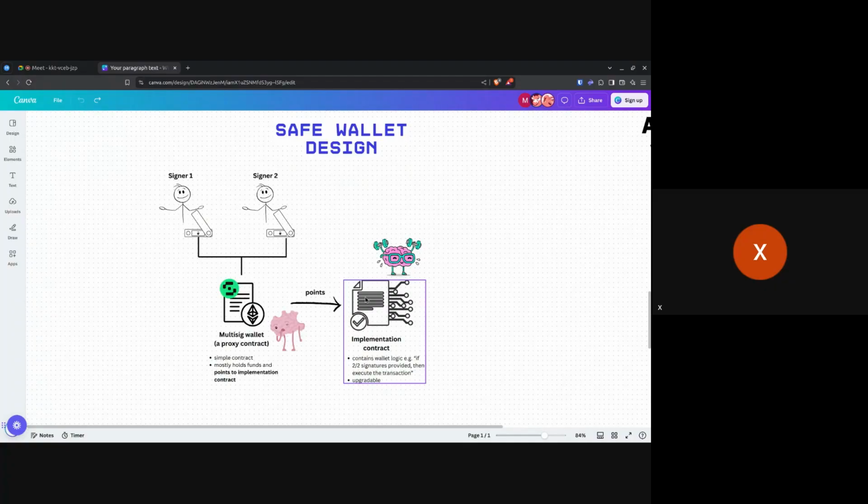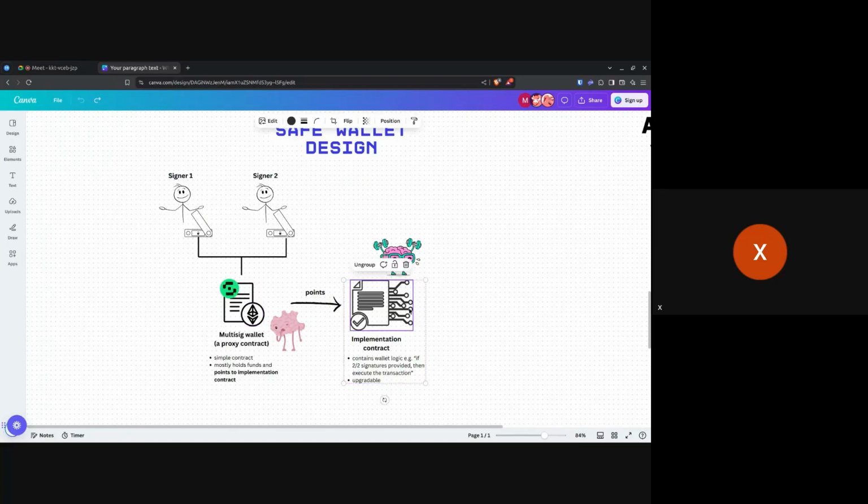And then when you want to create a new instance of a Safe account to use, you create a proxy which points to this implementation. And this sort of architecture exists as an optimization, basically to reduce the amount of code that lives on chain, because the proxy is very small and simple, and the implementation is very large.